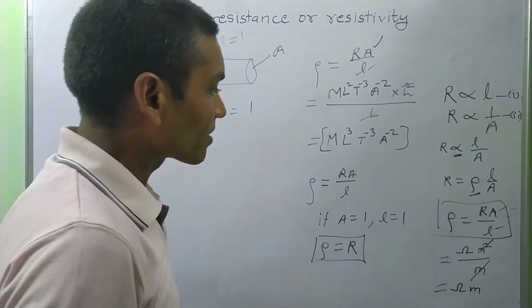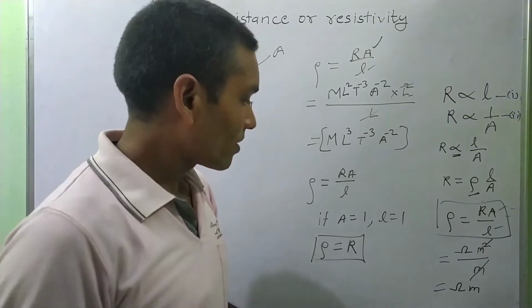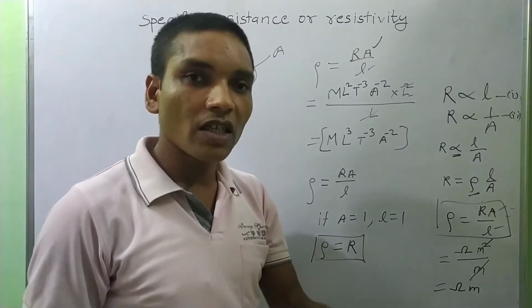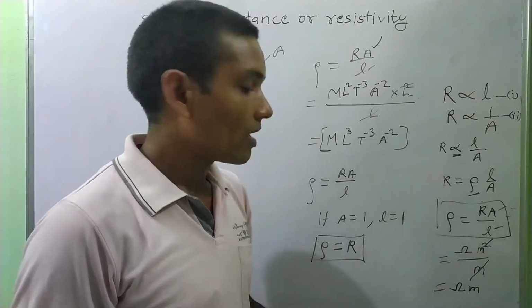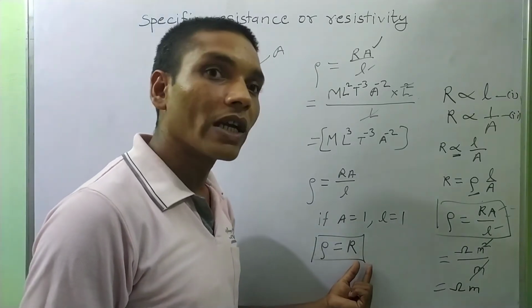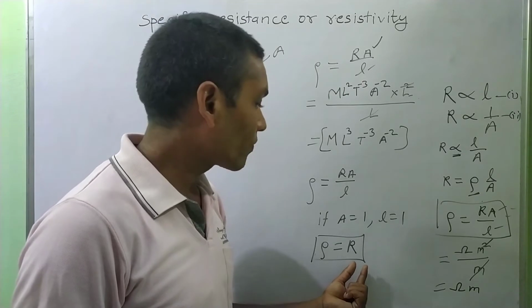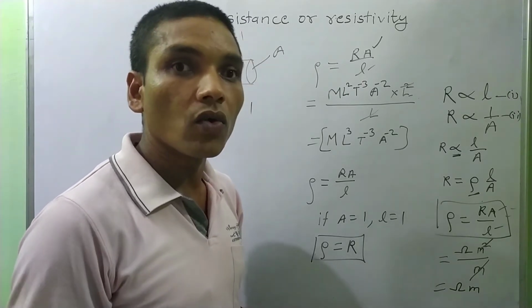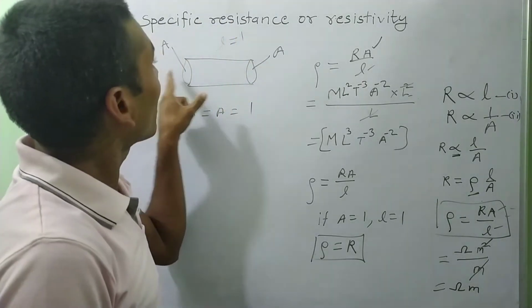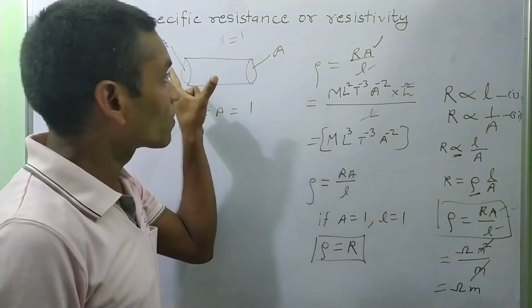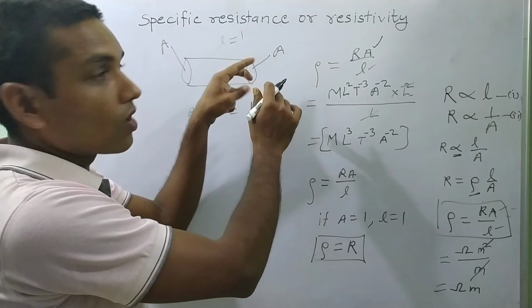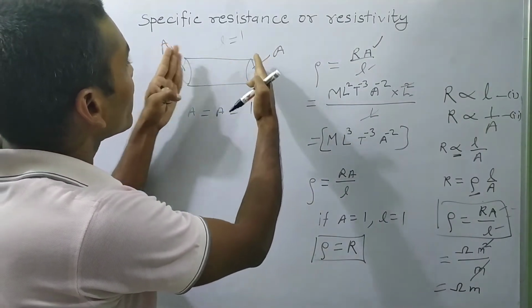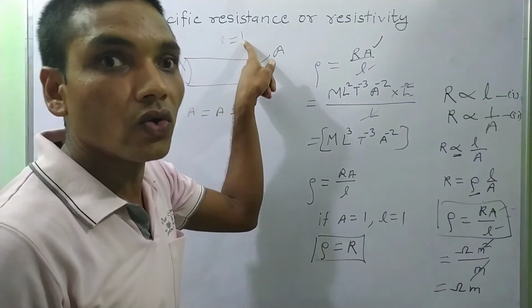So in this condition we can define that the resistivity or the specific resistance of any conductor is numerically equal to the resistance of that conductor whose faces are unit and the separation between the two faces is also unit.